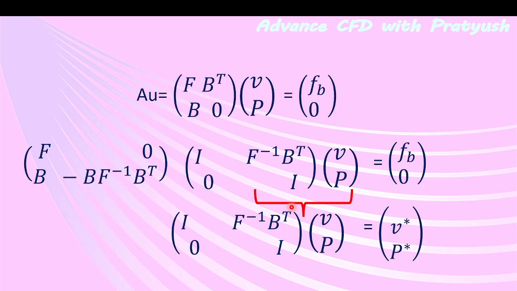Now the idea is that we can write these two terms, the upper triangular matrix and V, P, as V star and P star. So this is some intermediate term that we are assuming here by writing the upper triangular matrix times the unknowns. So we are taking this as V star and P star.